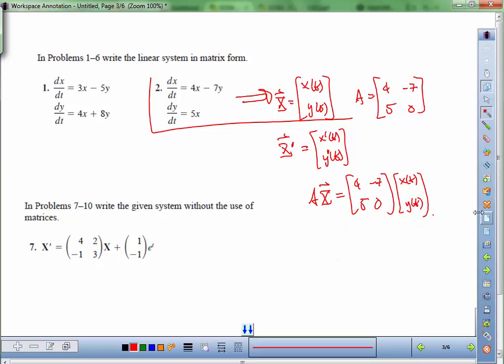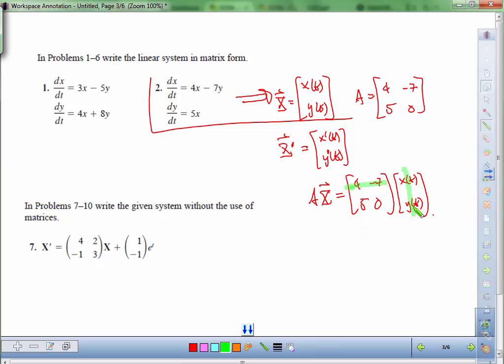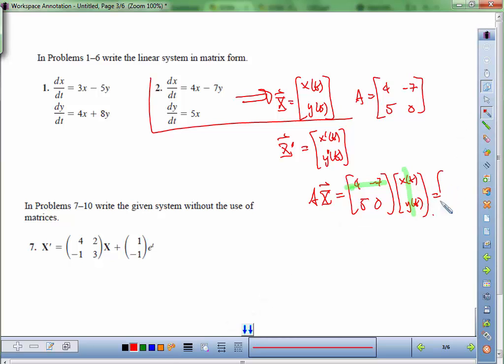And if you do this matrix multiplication, you know how to do matrix multiplication, right? It's the first row times the first column. In this case, it only has one column. And so that is going to give us 4x minus 7y.